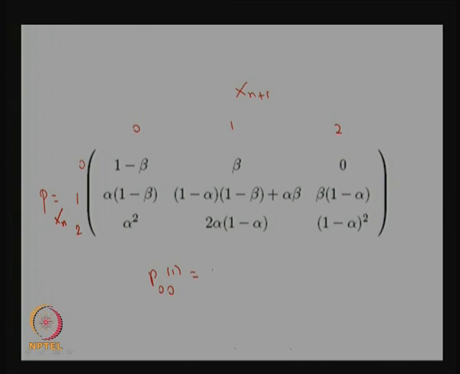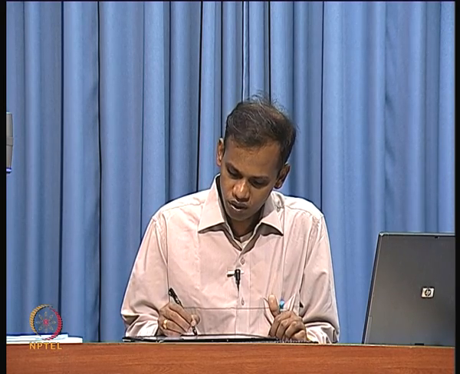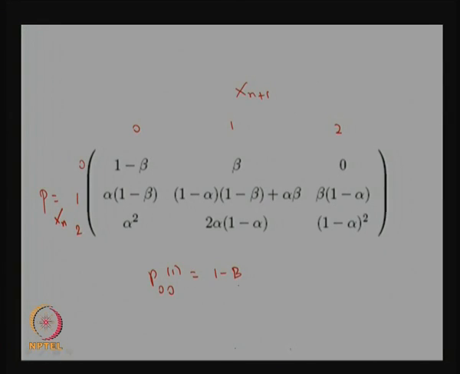That means both machines are under repair, and the probability that the crew does not complete the repair is 1 minus beta. Therefore, the probability is 1 minus beta. In one step, the probability that the number of working machines goes from 0 to 1, because the crew finishes the repair in a day, is beta.